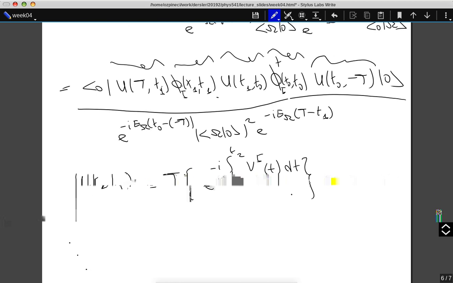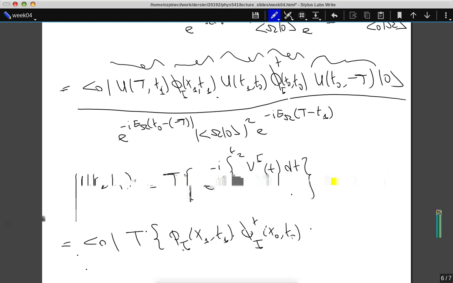So that is equal to a huge time-ordered product of phi I of x1 t1, phi I dagger of x0 t0, e to the power minus i, integral dt from minus T up to capital T of V_I of t. This is the numerator.